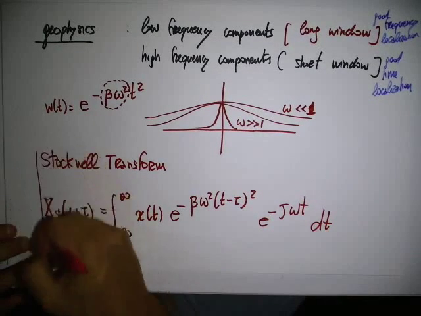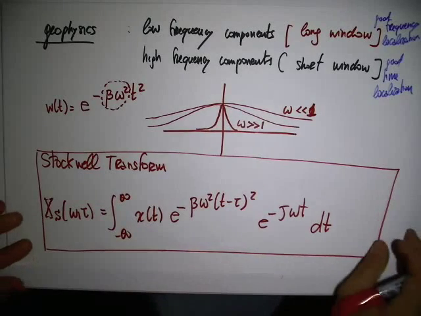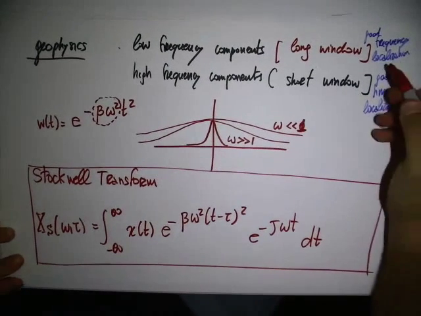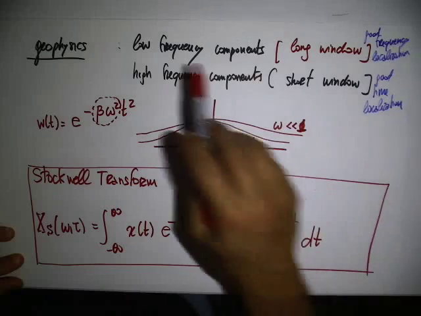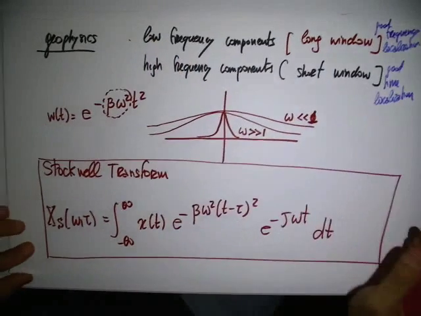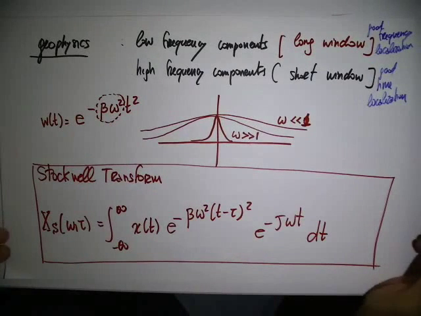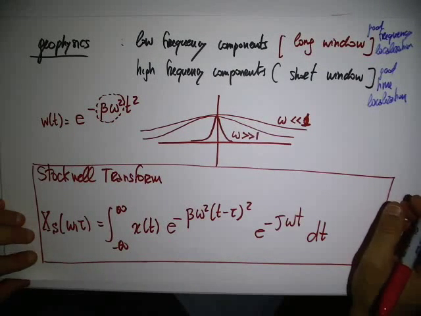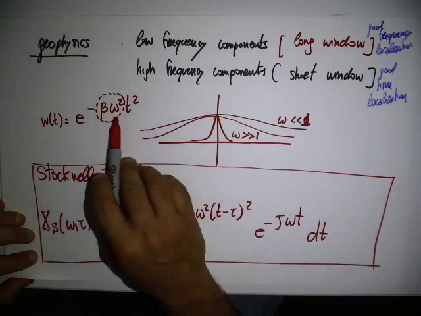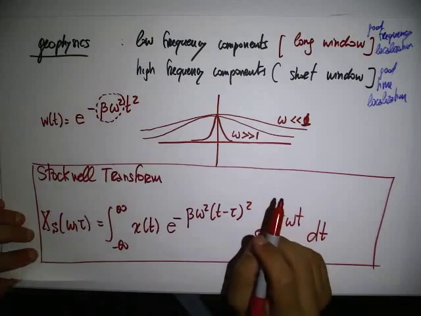And this is the famous Stockwell transform, which is going to give me good frequency localization at the low frequency and good time localization at the high frequencies, just by simply using a parameter here that is frequency dependent.